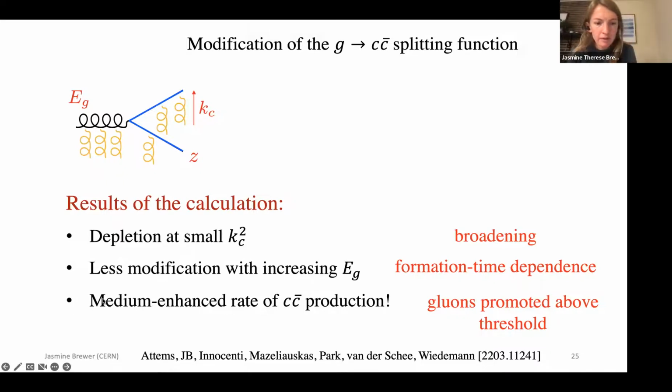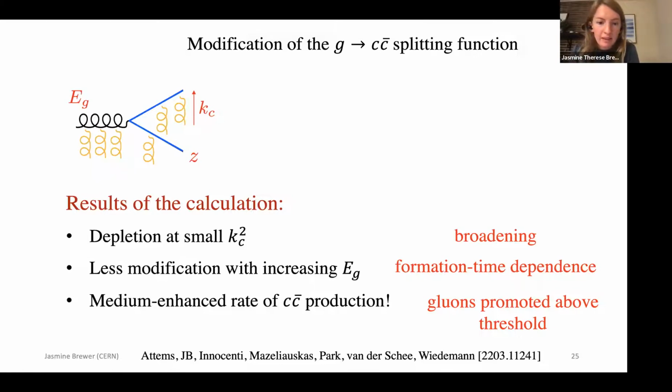And then the final thing, which I'll also talk about on the next slide, is that we found a medium enhanced rate of CC bar production. Conceptually, there's some mass threshold. Because charm quarks have mass, the gluon can't just split to two charm quarks unless it has enough virtuality to produce the mass of the charm anti-charm pair.